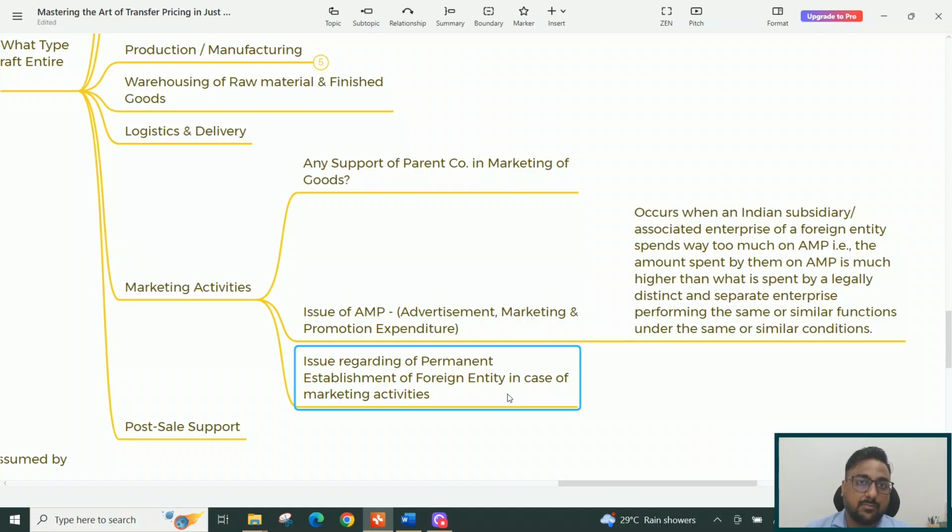So in case any marketing people come to India and do the marketing, through which there has been a sale happening of the Indian entity, then those profits are also attributable to the functions which the Indian entity is undertaking, and appropriately tax will be levied by the tax authorities on that particular portion of income. So you need to understand that part also, that these are certain controversial areas, because when you are writing, you are going to document the entire function analysis, right?